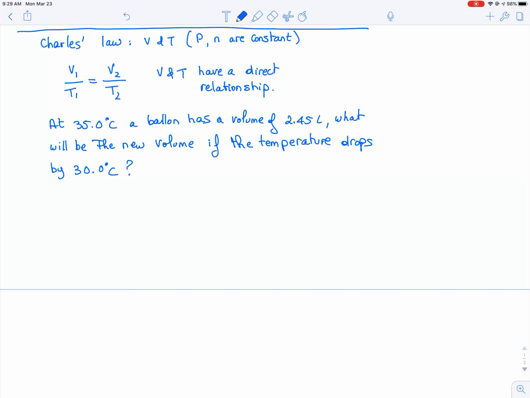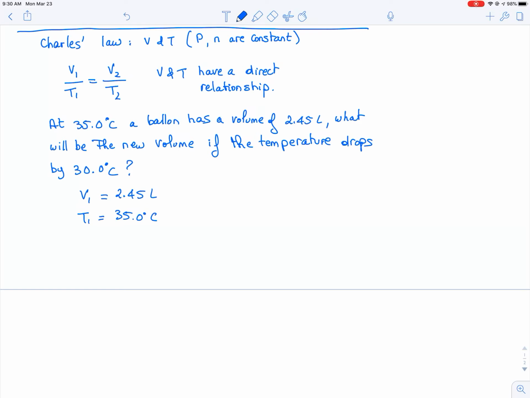All right, a few things here. Number one, as we did with Boyle's law, we have to write all the variables. So what is my V1? Well, V1 is 2.45 liters. What's T1? Well, it's 35 degrees Celsius. But what did we say in the previous video about the temperatures with gas laws?